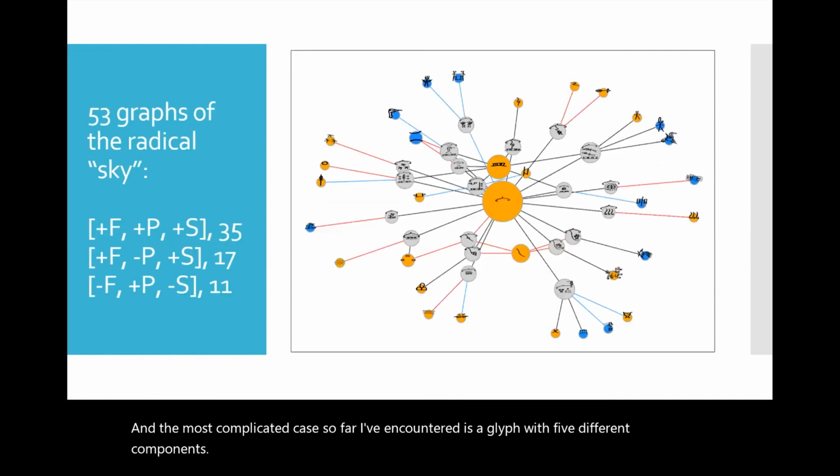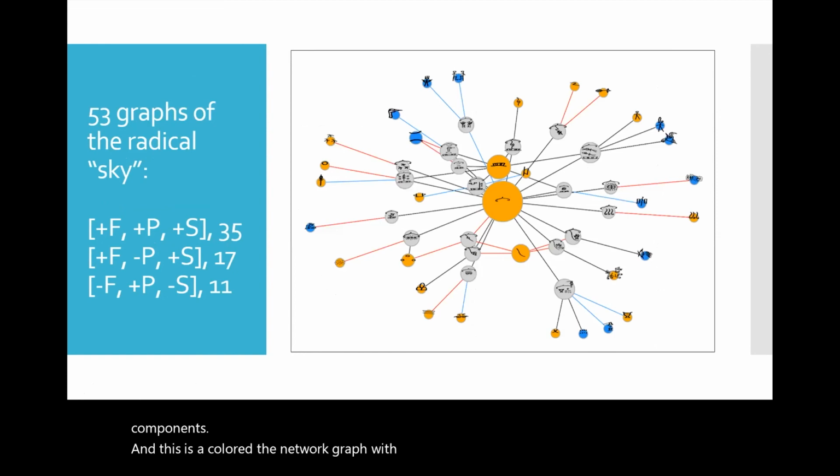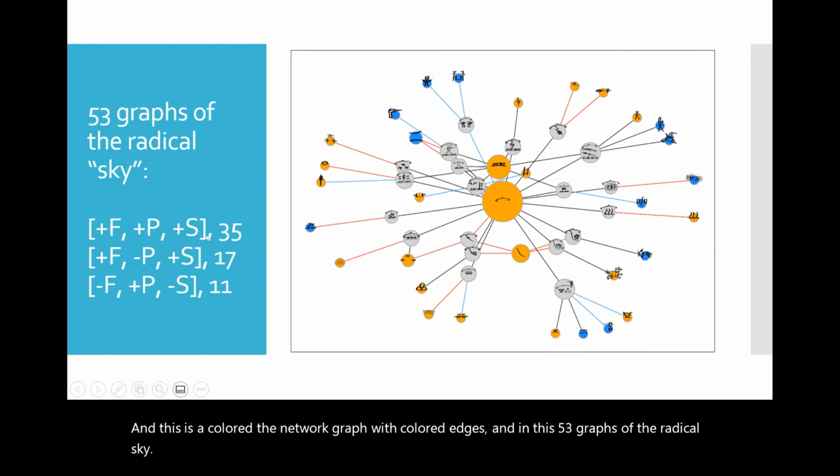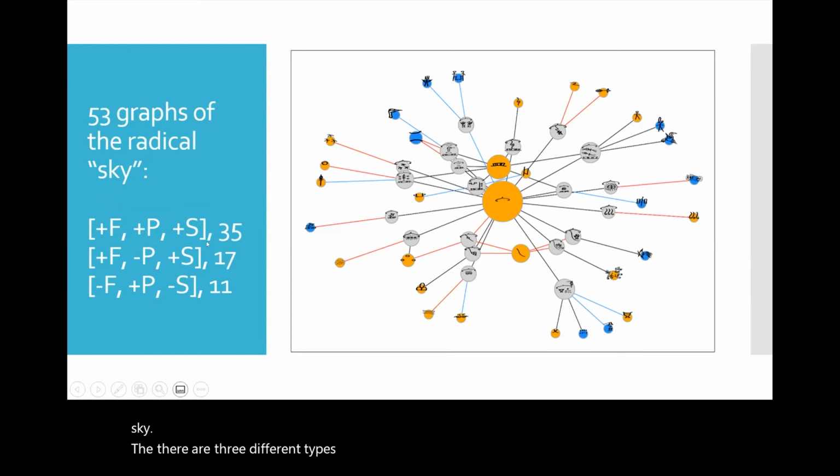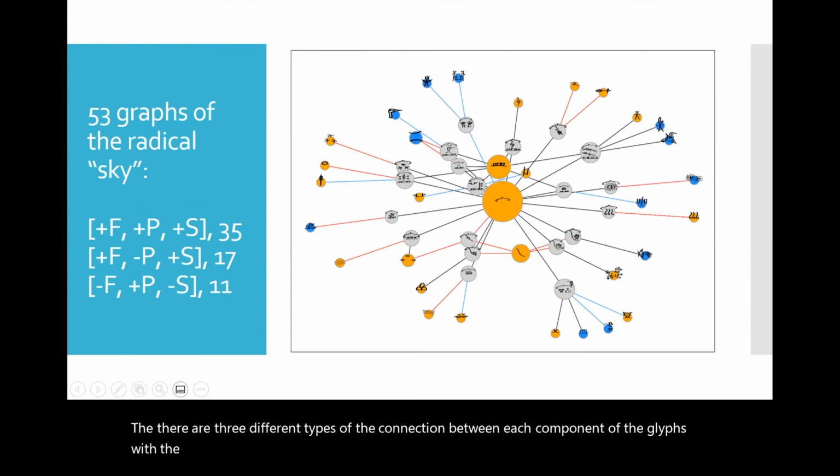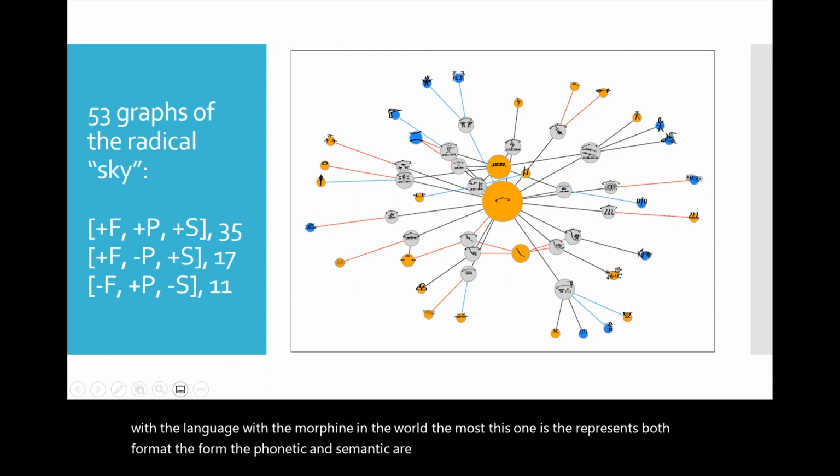And this is the network graph with colored edges, the graph of the radical sky, showing the connection between each component of the glyphs and the morpheme in the word. In the first type, the form, the phonetic, and the semantic are all the same as the morpheme in the word.